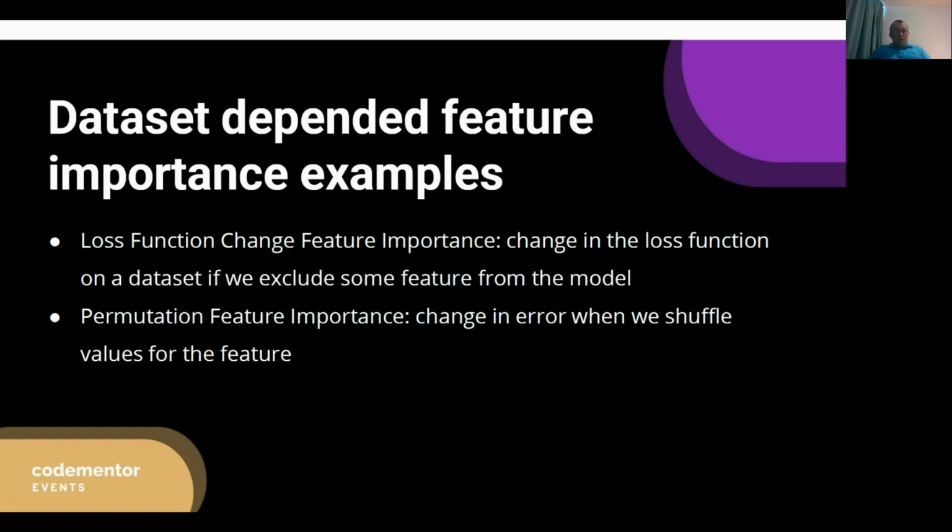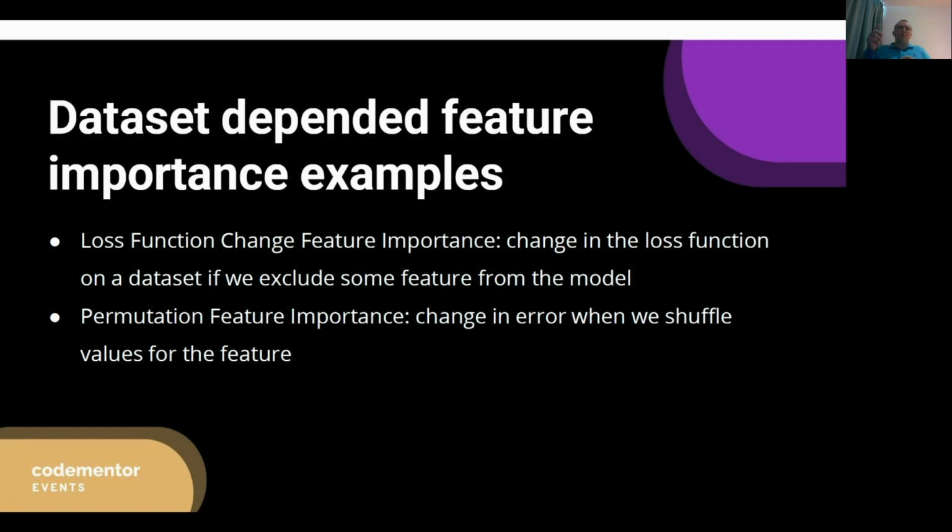And my favorite one is permutation feature importance. We take some dataset and calculate some error, like the loss function or some other error, on this dataset with this model, and then we start to permute. We take one feature and swap values.